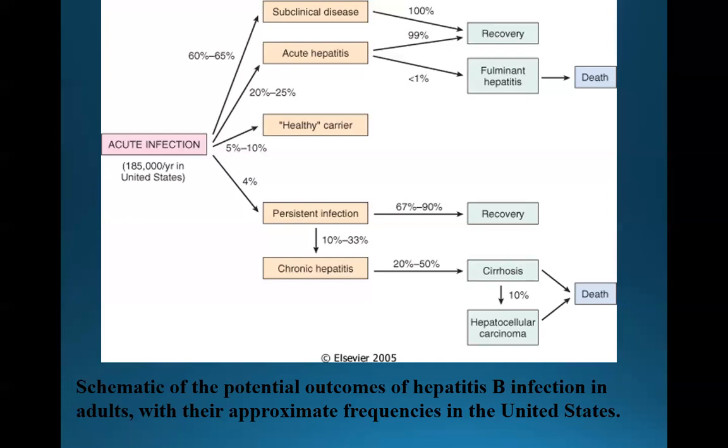So now, if you look at this graph, the question that should come to mind is, with so few cases, a very small percentage, 4%, going on to develop chronic hepatitis, what should that tell you about the rate of infection with hepatitis B? Through the stratosphere, right? So there's a lot of infection. This is why you're ending up with almost 500 million people carrying hepatitis B, isn't it? You guys get what I'm saying? It's a matter of odds, really.